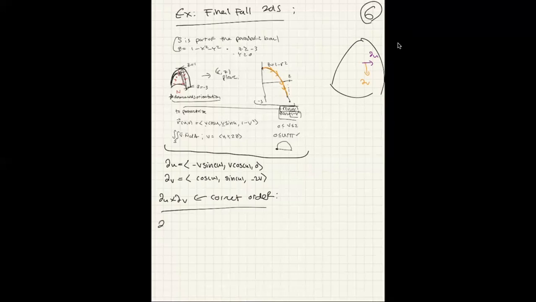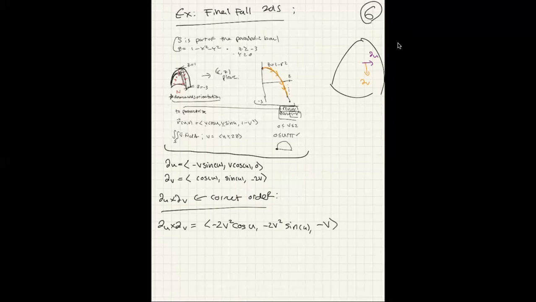Because I only have 2 minutes left, I'll just tell you what the cross product is, as I have it written on my paper. You might want to check this on your own, but I did this last night. This should be negative 2v squared cosine u, negative 2v squared sine of u, negative v.